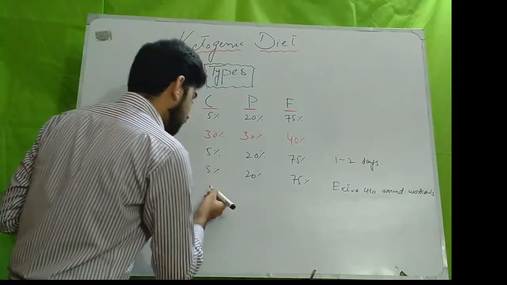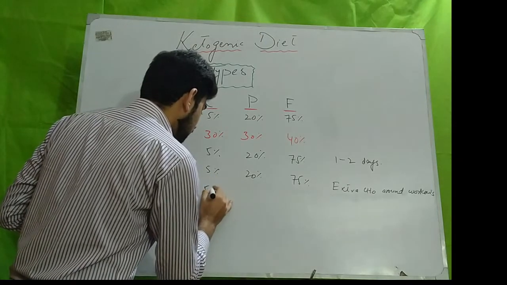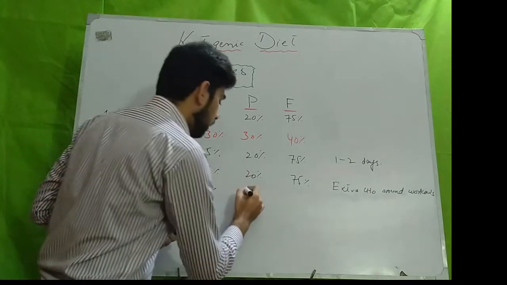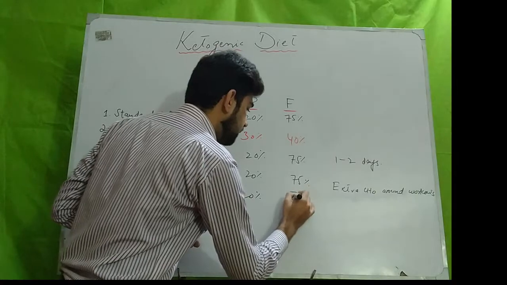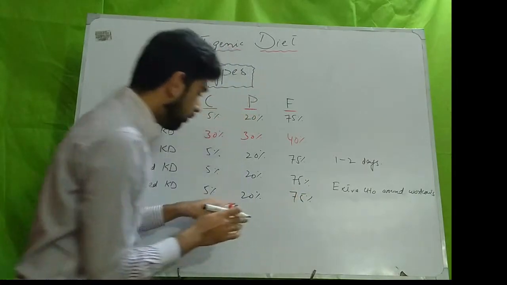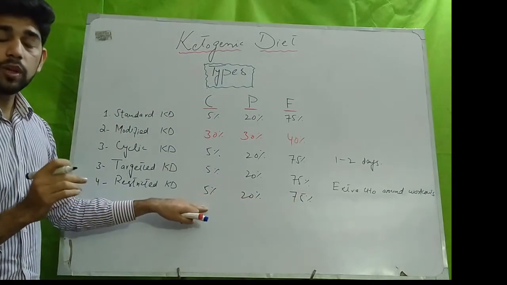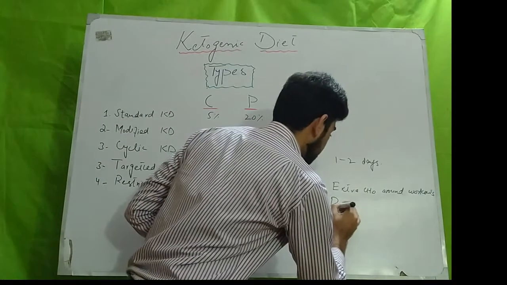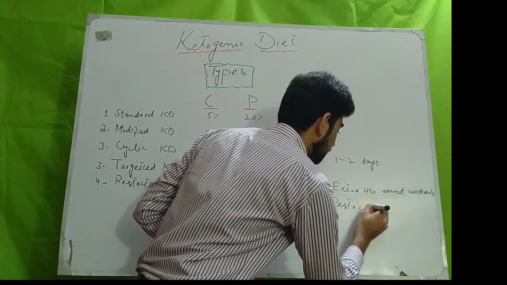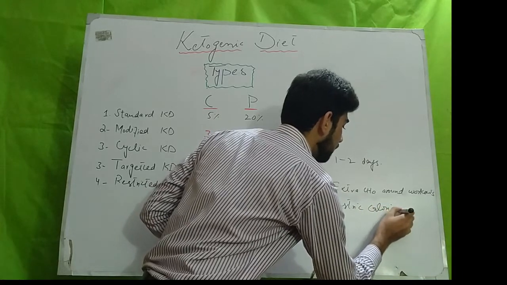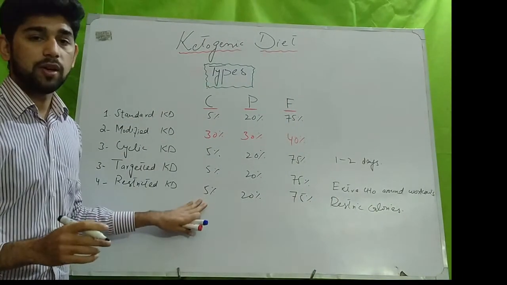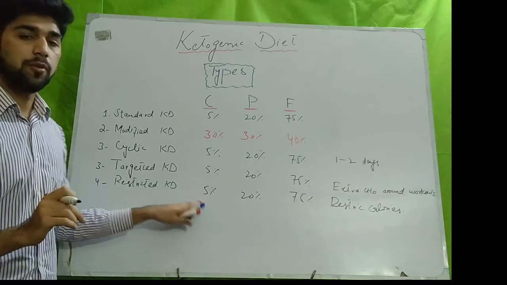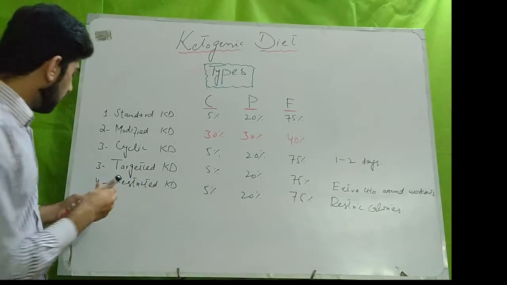The ratio is the same, 5% carbohydrate, 20% protein, and 75% fat, but we restrict calories also. This diet is specially designed for cancer patients.